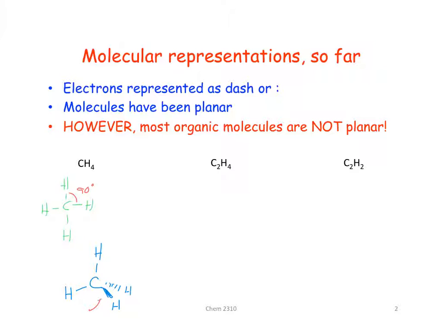The wedged bond is a perspective drawing like you would do in an art class, where things get smaller as they go farther away. So this wedge is getting fatter as it gets to the atom, which means it's pointing out of the plane, out towards us. And the dashed line is fading away as it goes toward the atom, so this is pointing in.